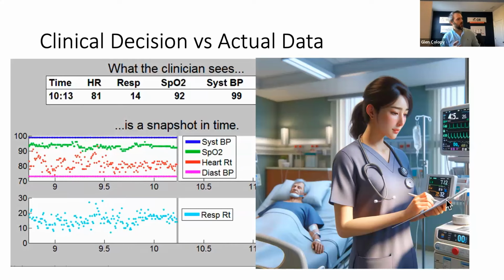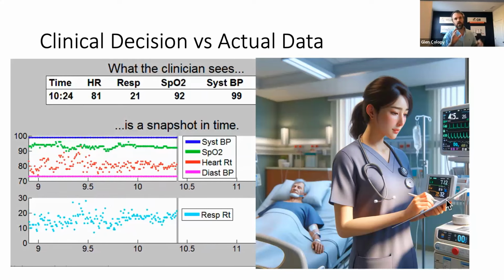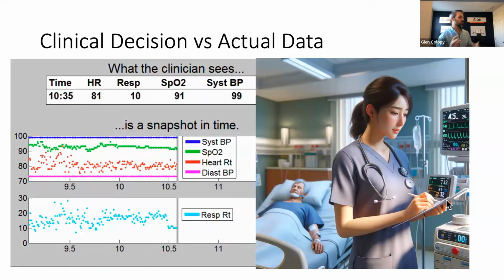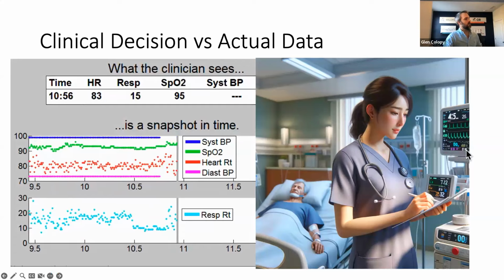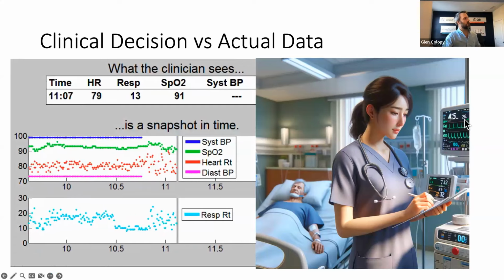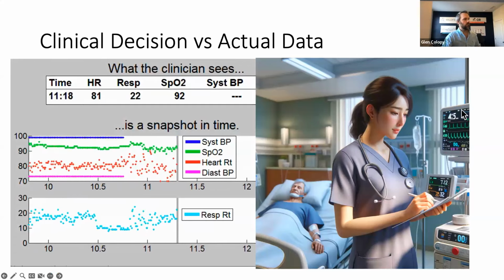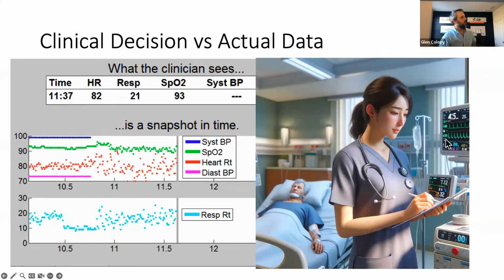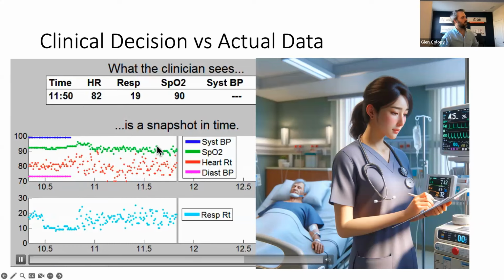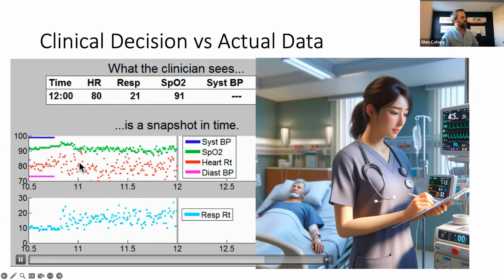But there's already a disconnect in what's going on here, because while the nurse is seeing an individual data point on this monitor, what in reality is happening is that there's this rich tapestry of time series data behind it.